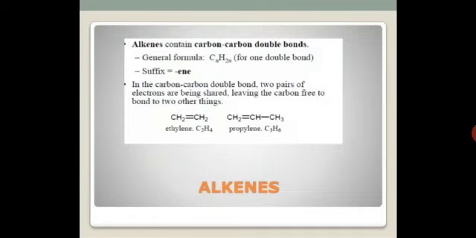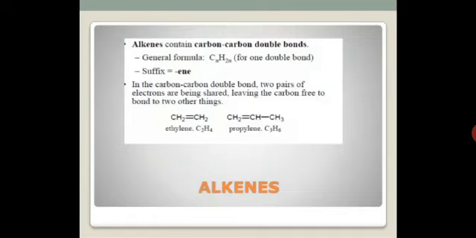Alkenes generally contain carbon-to-carbon double bonds. Like I said, the general molecular formula to which they conform is CnH2n. And the suffix common to the alkenes is ENE. So they all end in ENE, whether it's ethene, propene, butene, etc. In the carbon-carbon double bond, 2 pairs of electrons are being shared, leaving the carbon free to bond to 2 other things.